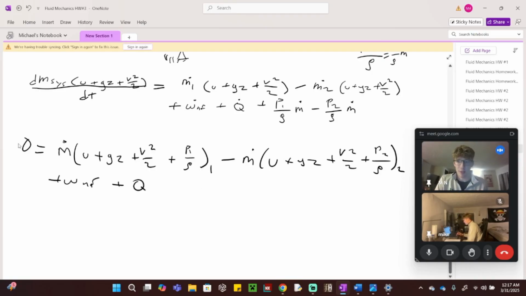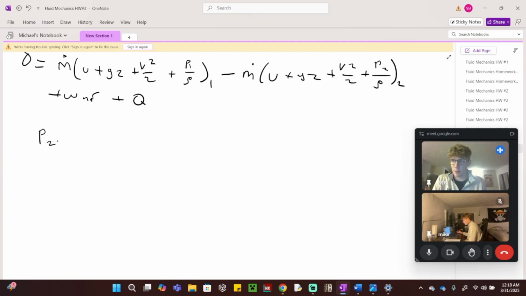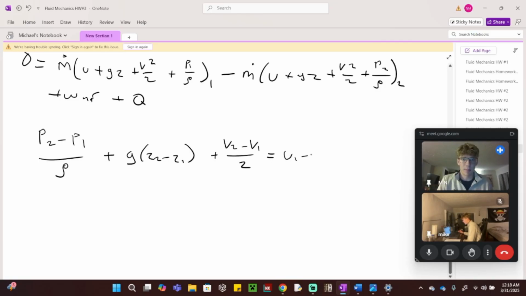Most of the time you won't see it written like this, so we're going to get P2 minus P1 over rho, plus g times Z2 minus Z1, plus V2 squared minus V1 squared over 2, equals U1 minus U2 plus W_NF over M plus Q over M. So we have our pressures over our density being our injection work, plus the potential energy per unit mass, plus the kinetic energy, equal to the internal energy change plus non-flow work over mass plus heat flow over mass.